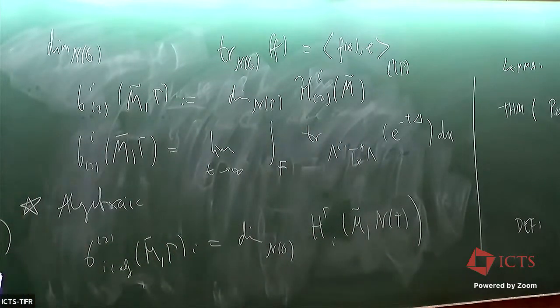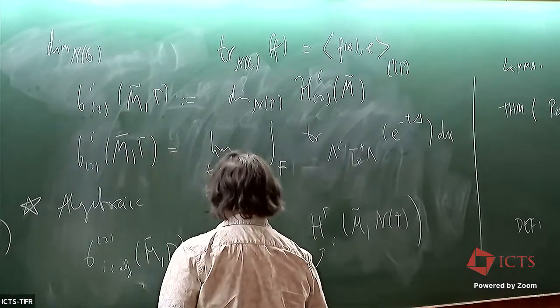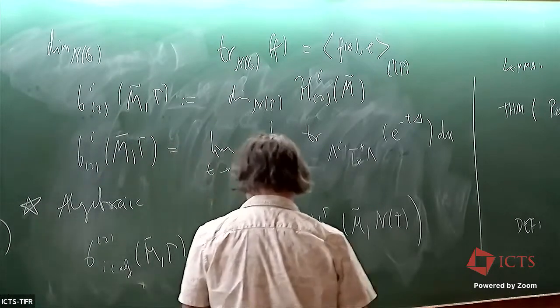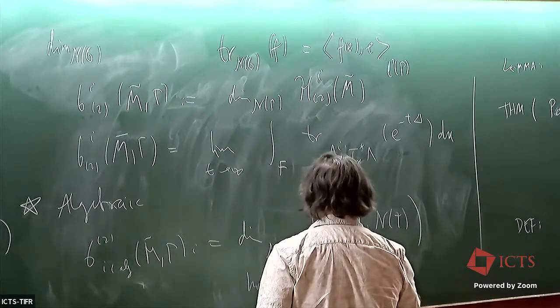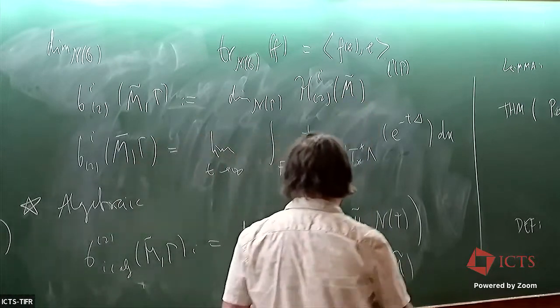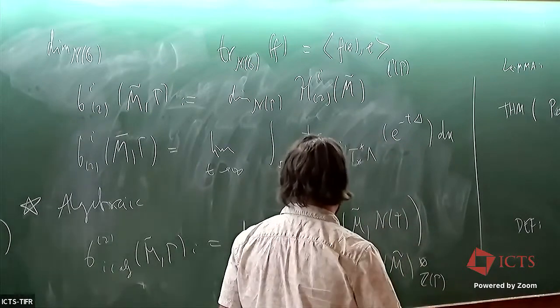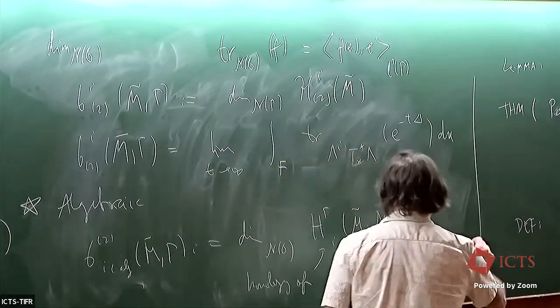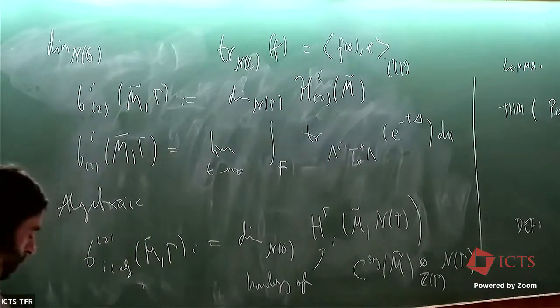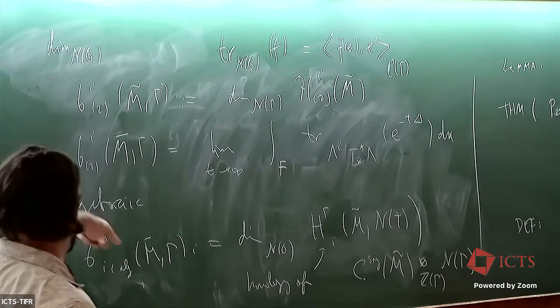So this thing here is the homology of the chain complex. You take the singular chain complex in the cover, and this is a ZΓ module because of the action, and now you extend the coefficients to the von Neumann algebra. When the base M is compact, the two definitions are equivalent.